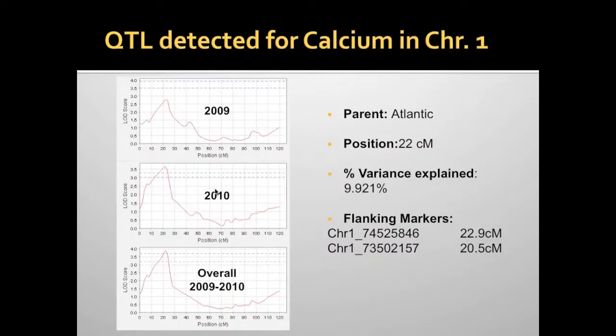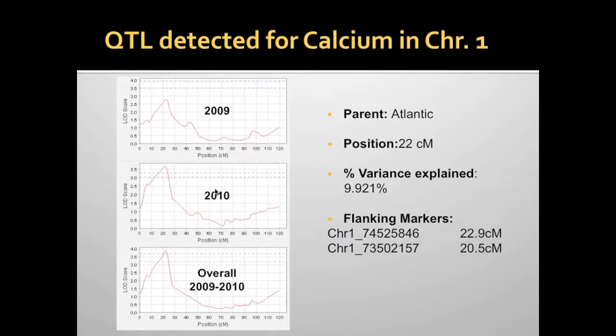Here I have an example of the calcium QTL in chromosome 1. You can see in 2009 the peak didn't go above the threshold, but we can see a peak. And then in 2010 it just passed the threshold, and in the overall analysis it also passed the threshold. So I consider that as a QTL.